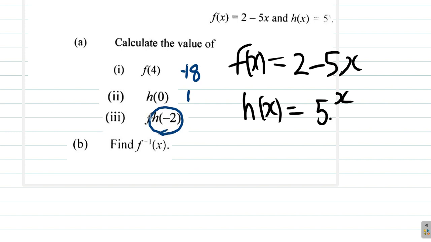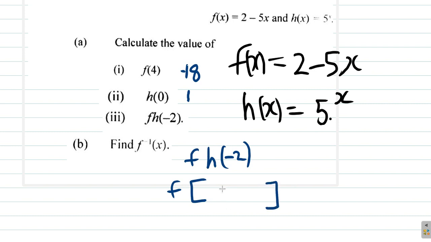What you get, you put it into f. So, we want fh of negative 2. This is really f of something. Of what? It is f of h of negative 2.